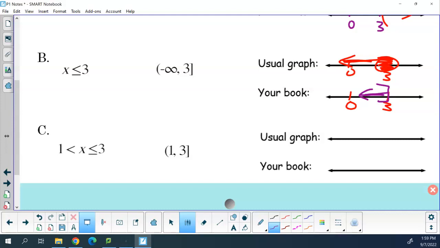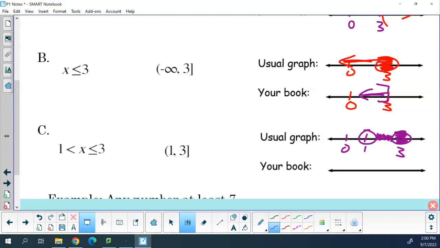Because my variable is between 1 and 3, on my graph I go between 1 and 3, open circle on 1, closed circle on 3, and shade between. So it just makes sense to me. Instead of reading 1 is less than x less than or equal to 3, I read x between 1 and 3, including 3. What's your book going to do? Yep, you already know: parentheses, brackets, shade.